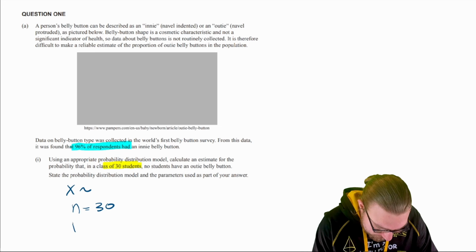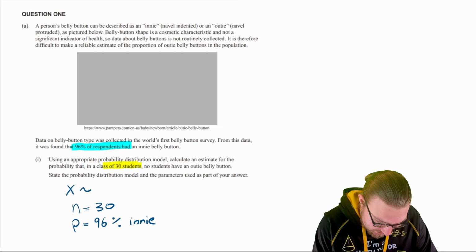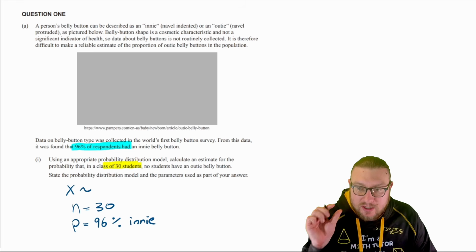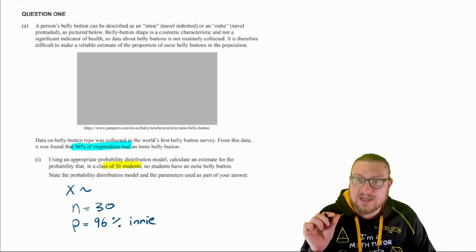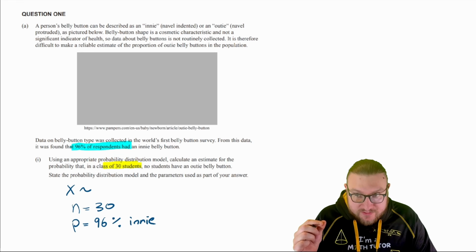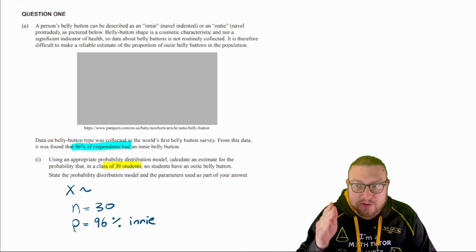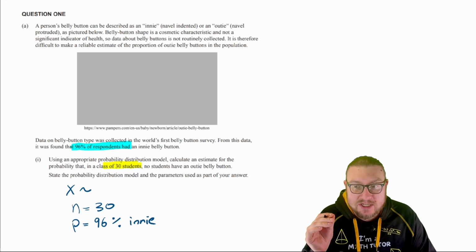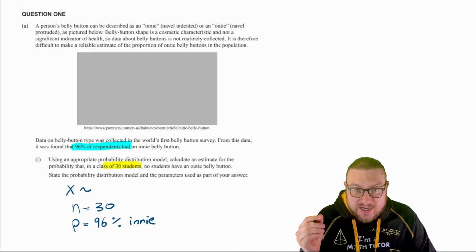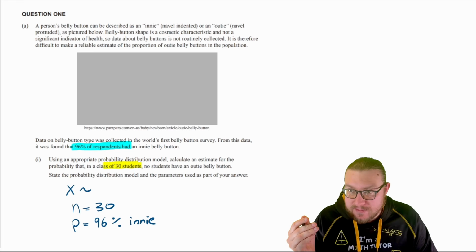And we have a probability for each student, which is 96% for an innie belly button. So if you have got a number and a probability, the only probability distribution here is binomial. And that, of course, fits really well because each of the 30 students has its own probability, or in this case, hopefully the same, right? 96% of having an innie belly button.